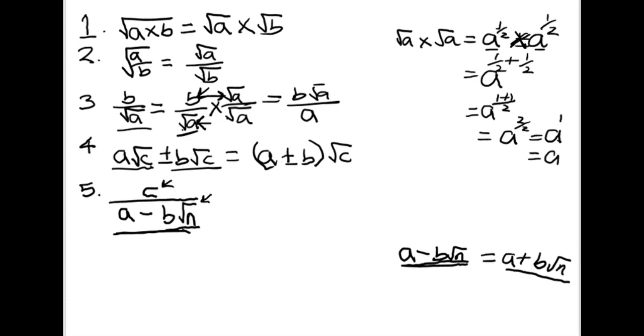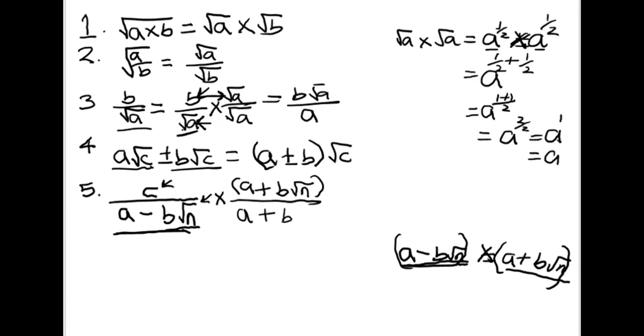Sorry, this is not that they are equal per se, but we are deriving its conjugate from the original expression. So I'm going to multiply the denominator and the numerator by the conjugate here. So it's going to be a plus b root n over a plus b root n.